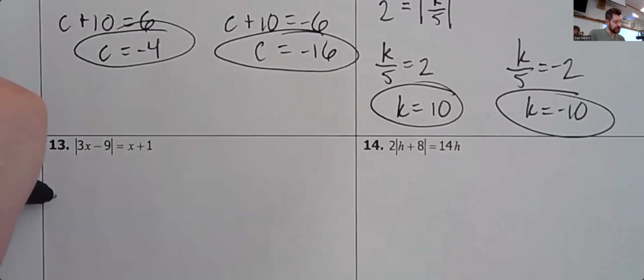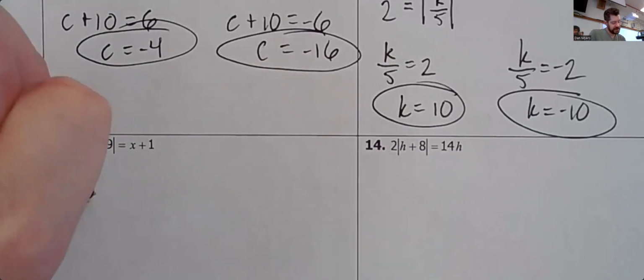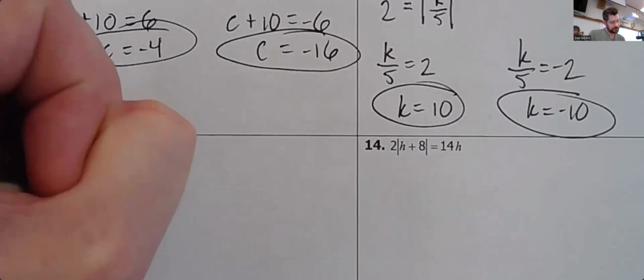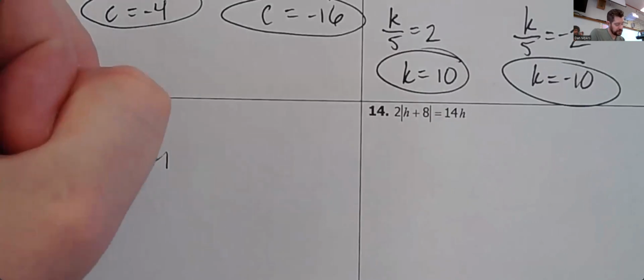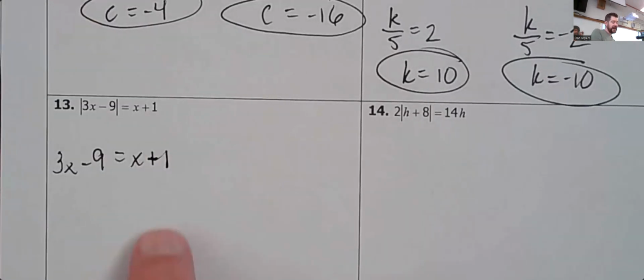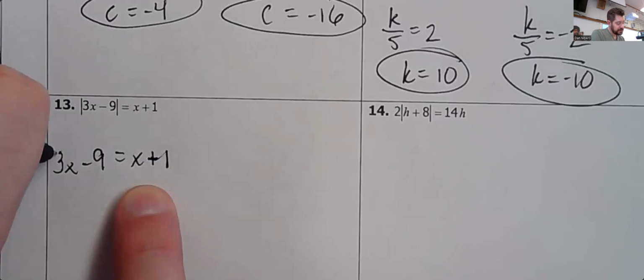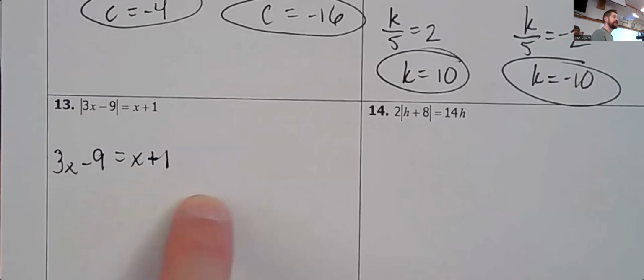So our two versions will be 3x minus 9 equals x plus 1. And if we're talking about the negative version of x plus 1, that would basically be x plus 1 as a group with a negative applied to both things on the inside.